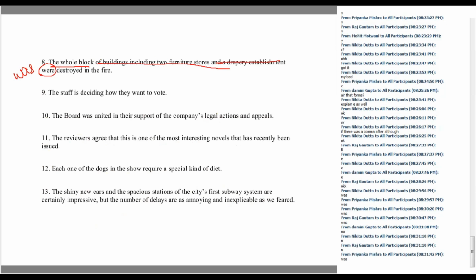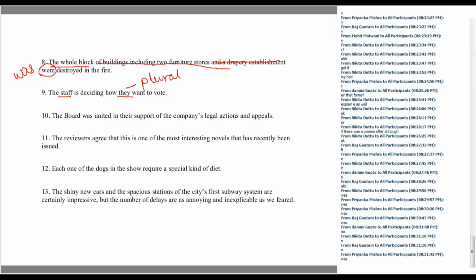Okay. Number 9. The staff is deciding how they want to vote. Now, even though the word staff can be singular, plural, both, I have used the word they. The pronoun that I have used is plural. I'm calling staff they.